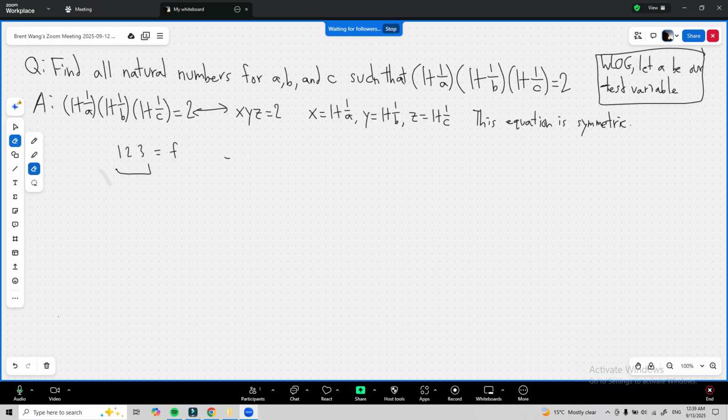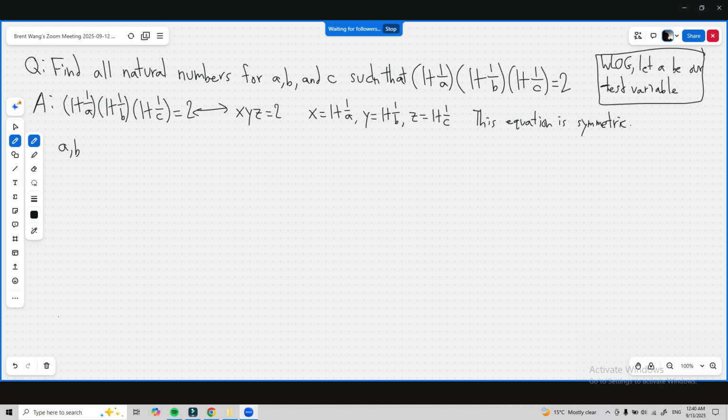The second thing is that A, B, and C cannot equal 1. And here's why. Let me give you an example of what would happen if it did.